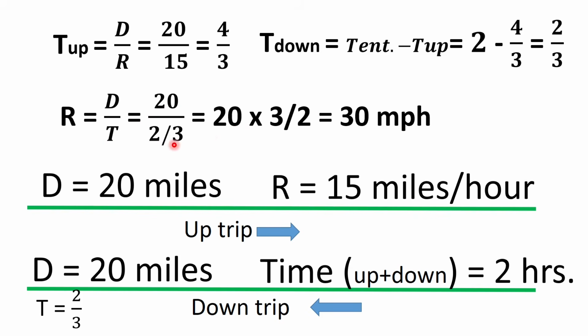So 20 into, we will flip this because it is in division, so when we send it into multiplication, we flip this value. After flipping, it will give us 30. Why? Because 2 times 10 equals 20, so that cancels and leaves 10, and 10 multiplied by 3 equals 30 miles per hour. So this is our answer.